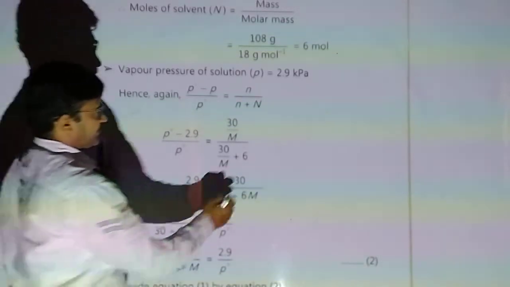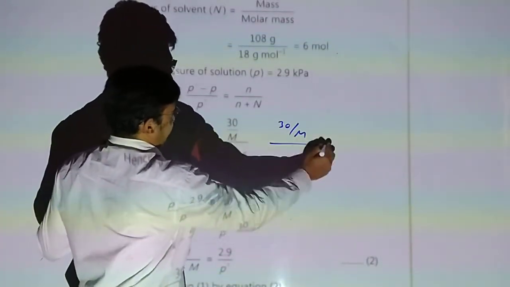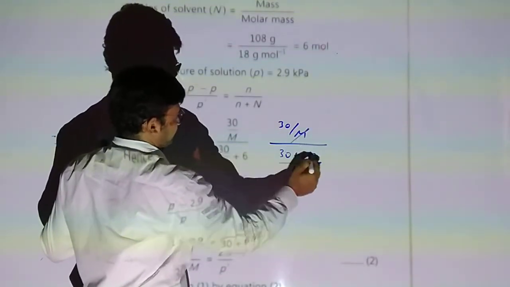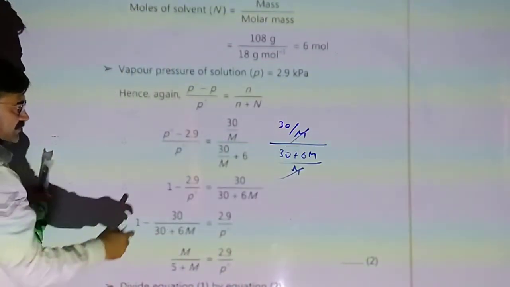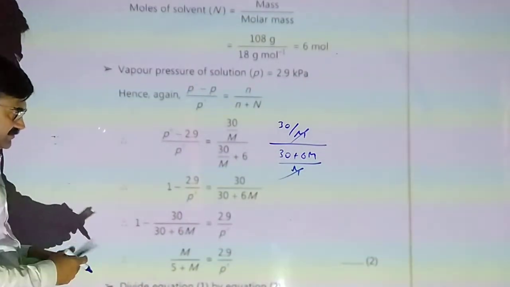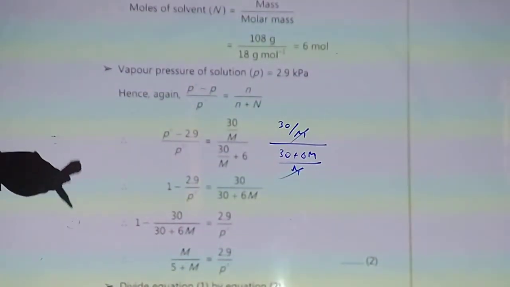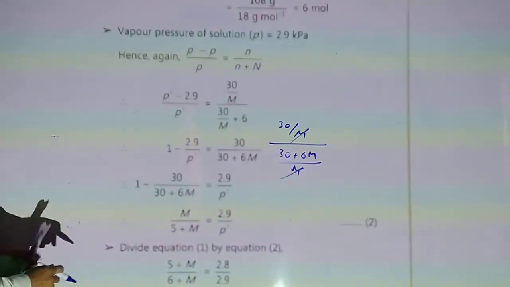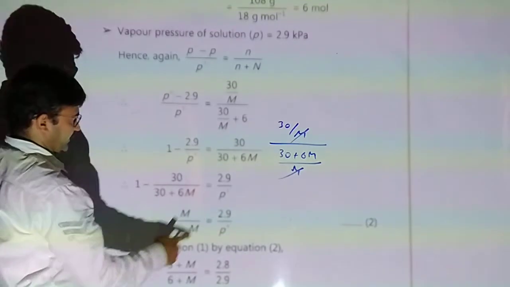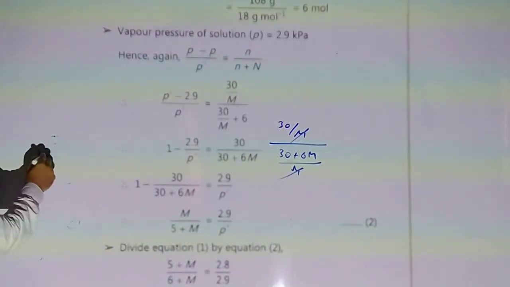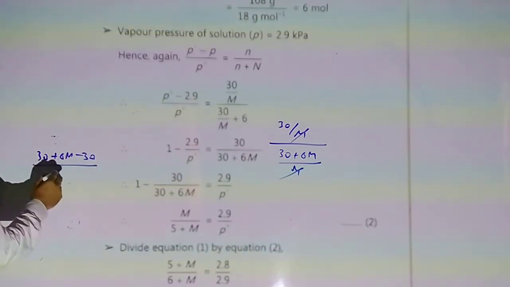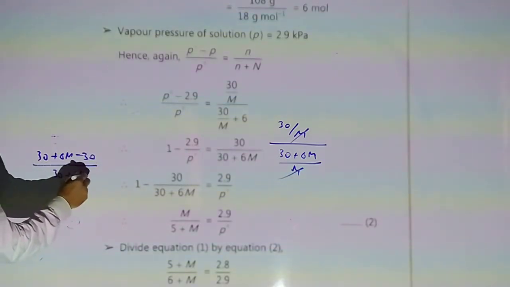We are taking LCM. 30 by M, here 30 plus 6M by M. M cut. P degree cut. 1 minus 2.9 upon P degree equals 30 upon 30 plus 6M. So 1 minus 30 upon 30 plus 6M equals 2.9 upon P degree. So here 30 plus 6M minus 30 upon 30 plus 6M. Both are cut.